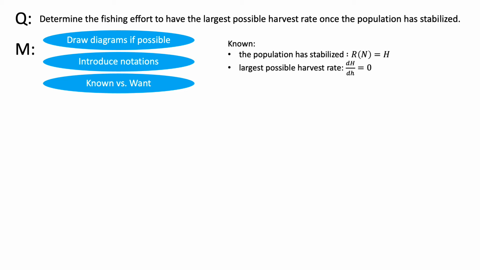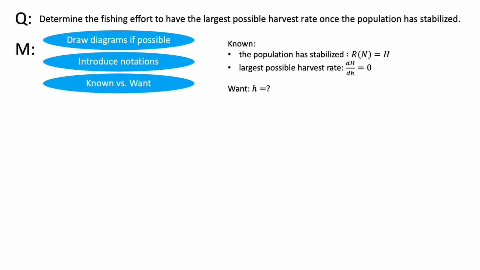However, with the harvesting effect, R of N should be equal to H. Now, we want the largest possible harvest rate, and we learned this means mathematically the derivative of H should be equal to 0. What we want is to find the value of the fishing effort in this case.